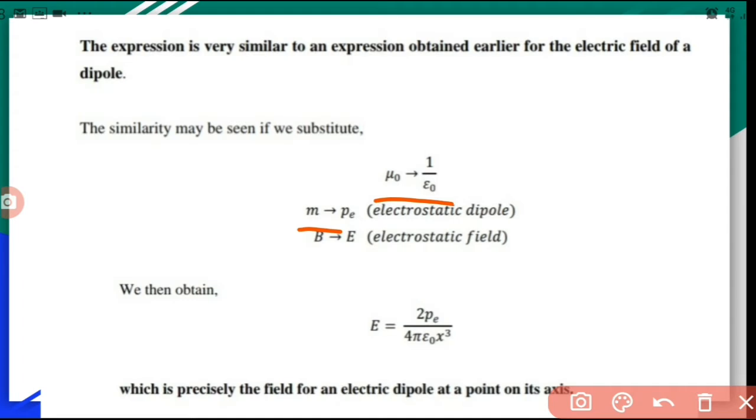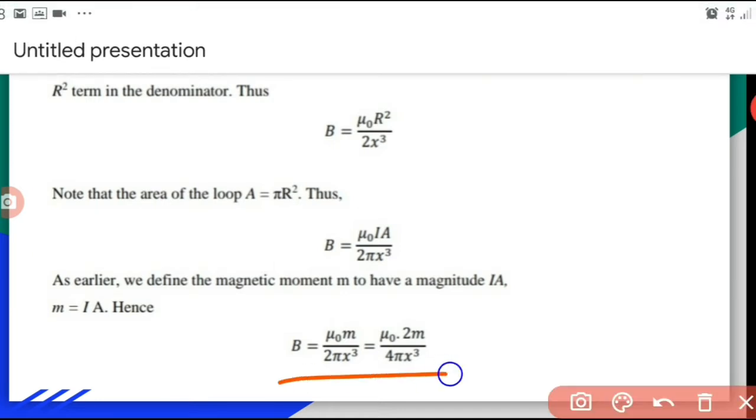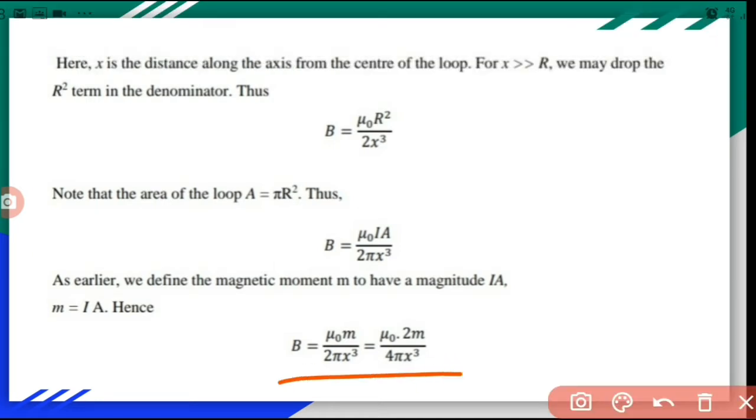So our expression becomes E = 2Pe divided by 4 pi epsilon 0 x cube, and we know this is the expression for electric field due to a dipole at an axial point. So our discussion has shown that the equation B = mu 0 2m by 4 pi x cube is similar to the equation which we got in electrostatics.